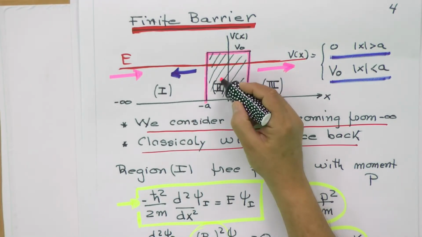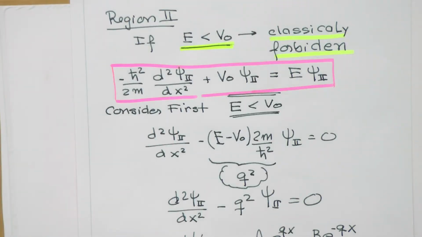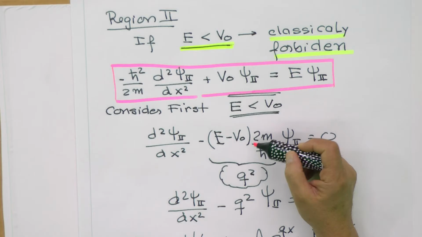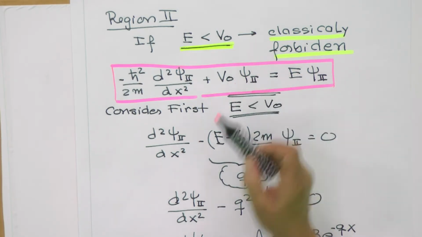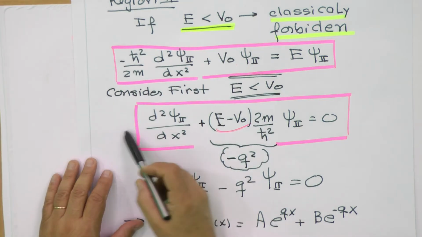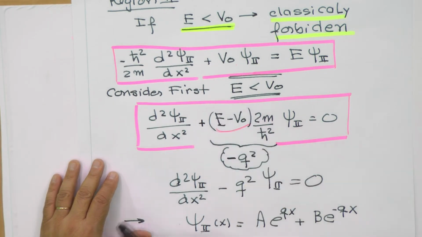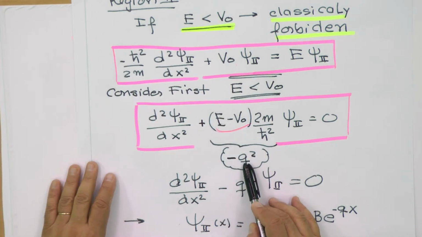Remember, we are here now, in this region. The energy is less than V0, right? So I'm going to pass E to that side. So that's the equation. We know that this part is negative, and we're going to call this minus Q squared.